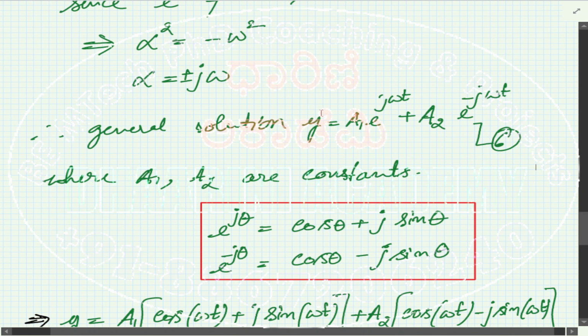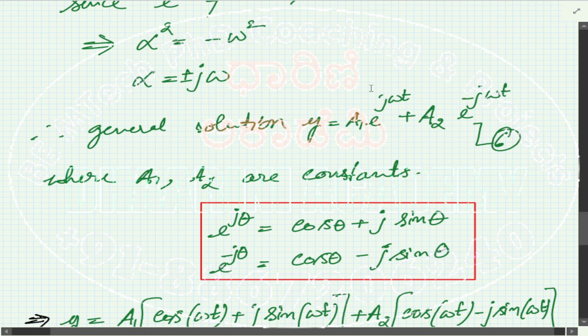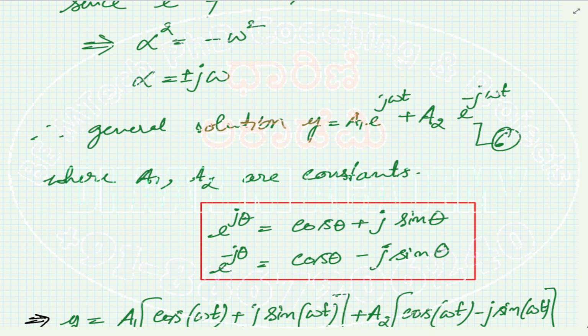So we can try to write e to the j theta as cos theta plus j sin theta, and e to the minus j theta as cos theta minus j sin theta.